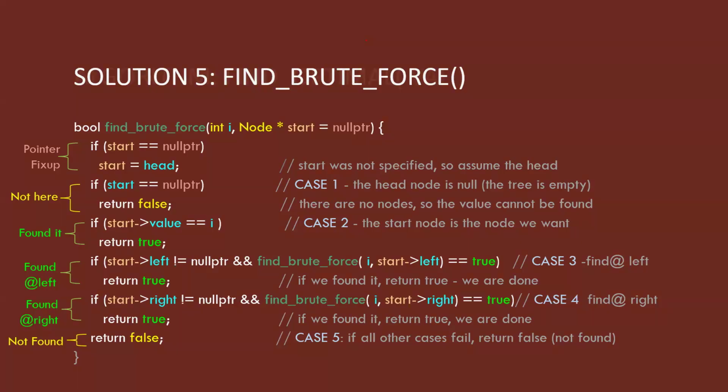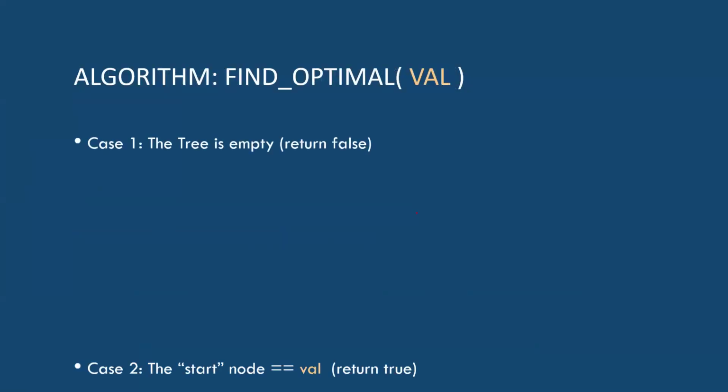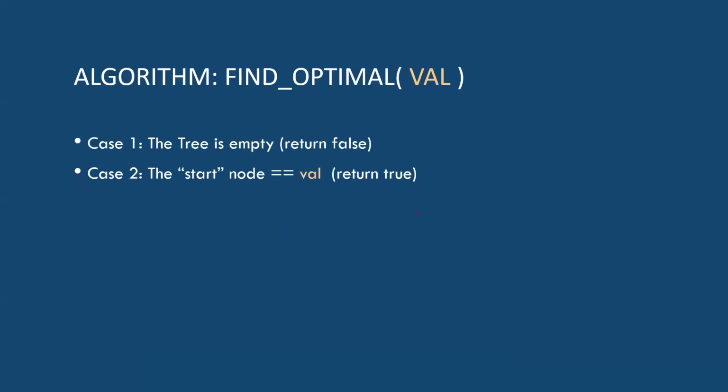Okay, so let's take a look at the optimal one, and you can probably guess what this is going to look like. We're going to do the same thing, do the two basic cases first, and then we're going to look left if we can, right? But if left is null, then we know we're done, right? So if the thing we're looking for should be on the left side, but there is no left side, then we're done.